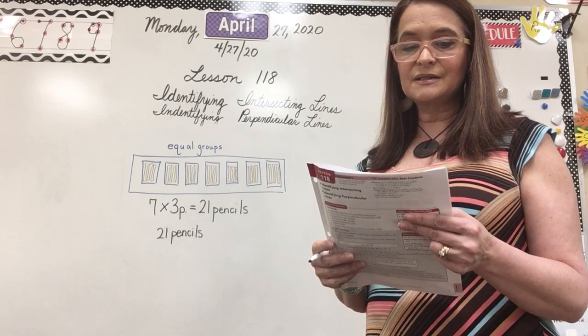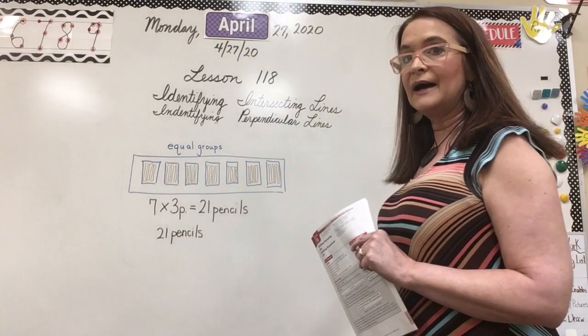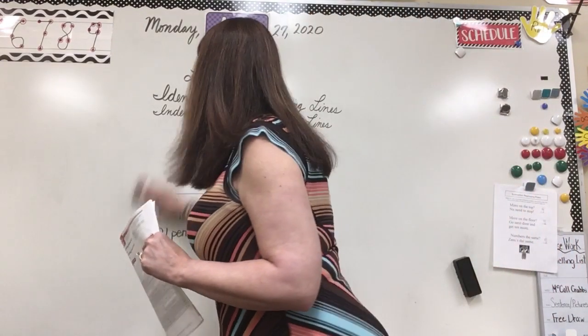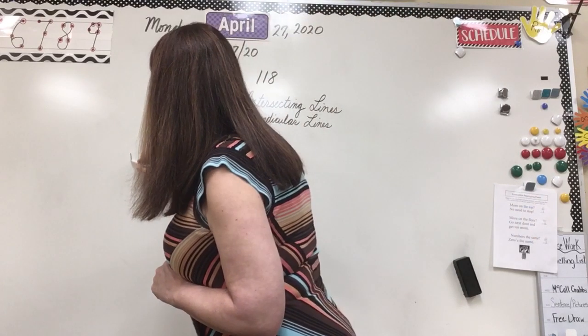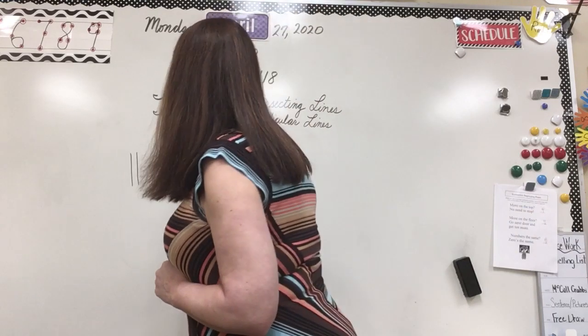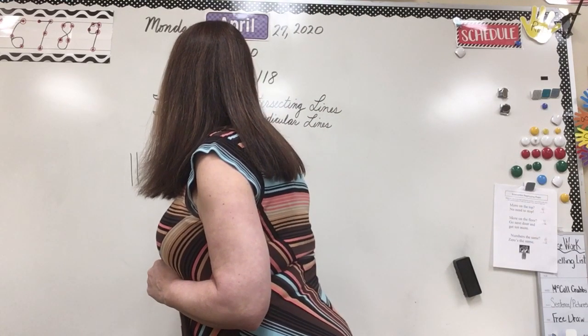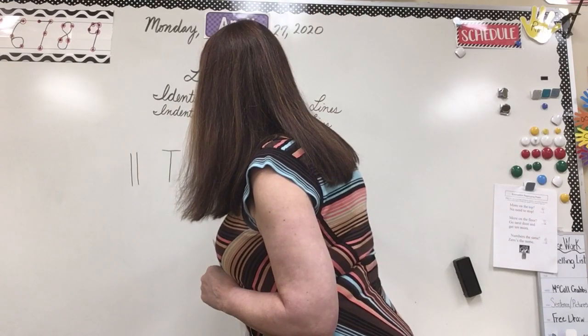Now look at number 2. It says circle the perpendicular line segments. I'm going to erase this one for now. And you have something that looks like this, 2 lines that look like that, a line that looks like this.